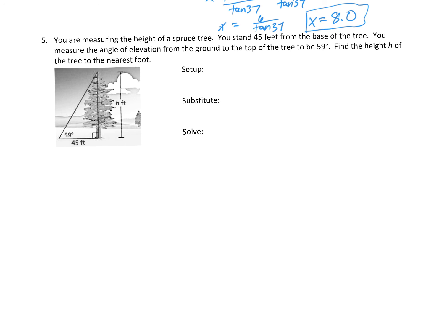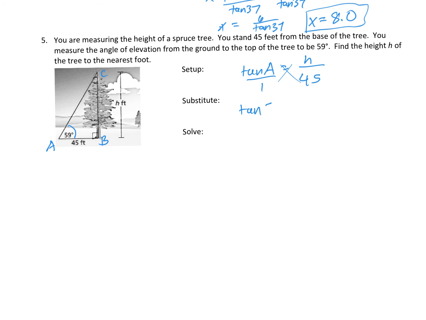So here, notice we have an angle here. I'm just going to call this A. We're going to call this ABC. We have angle A. So we have tangent of A must equal, and we have the height here, the height across, right? So that's the opposite. And then our adjacent is 45. Well, let's solve here. First, let's fill in more information.